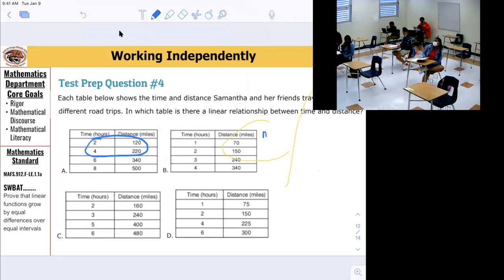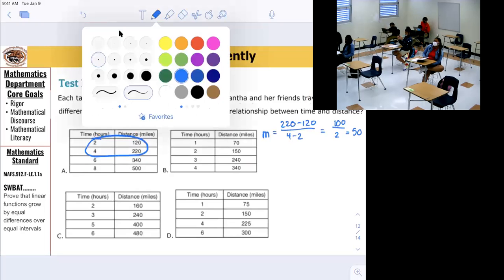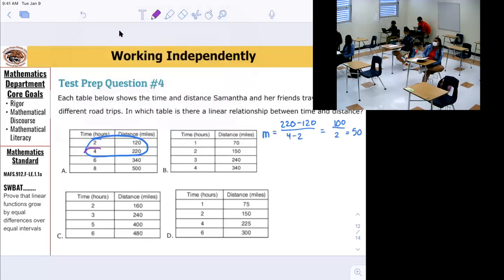My first set of numbers: 220 minus 120 over 4 minus 2. What's 220 minus 120? 100. And 4 minus 2 is 2. So I get 50. Let's check the other two. Now I'm going to check between 4 and 6.